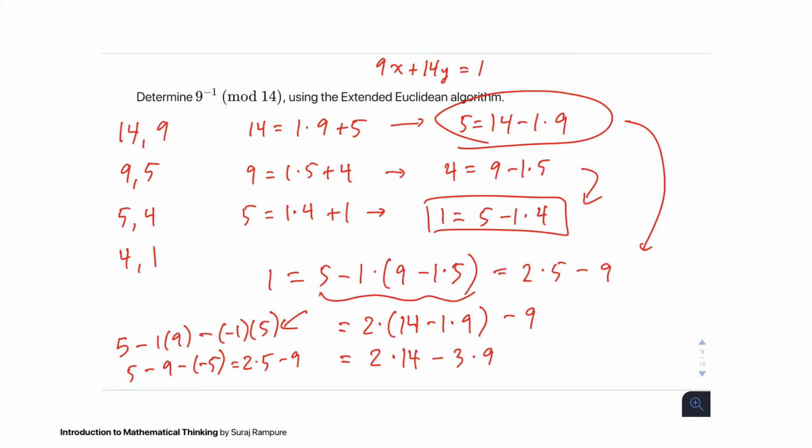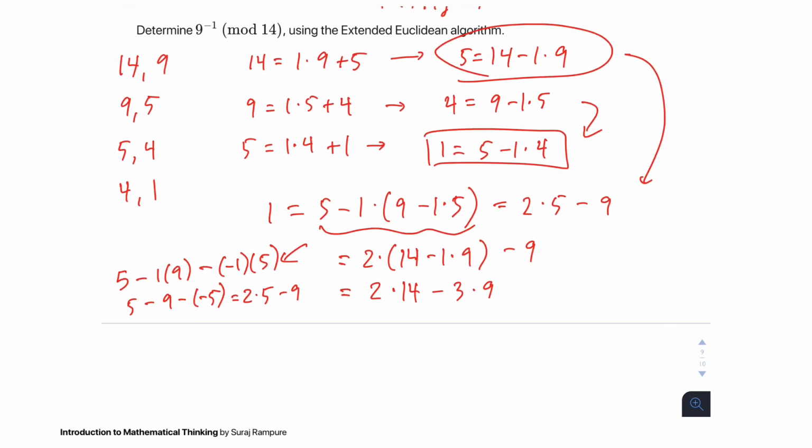Is that clear? So any questions with that stuff? Okay, so you have to make sure that you're not making any arithmetic mistakes when you're doing all this, because then you'll just end up with the wrong answer. Okay, so what does this tell us? We were able to write 1 as 2 times 14 minus 3 times 9. Okay? And what was our end goal?